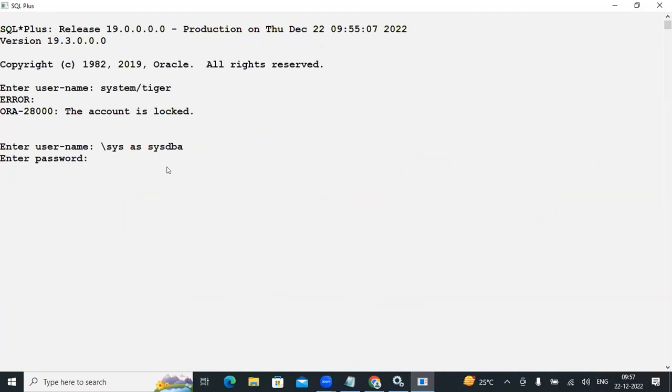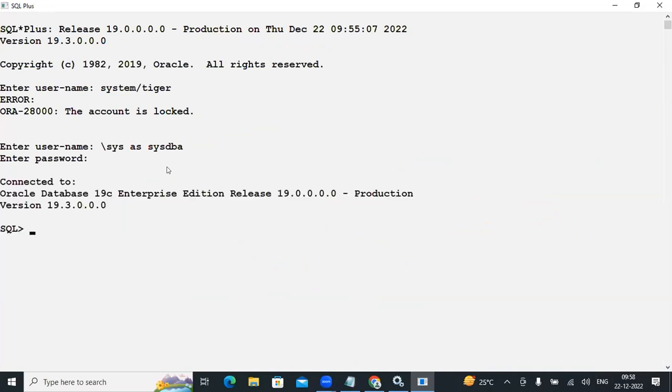I have not created it, and that password is sys, small case. So with that password, he will connect. And whenever the user accounts are locked, these accounts will be unlocked by your big boss.